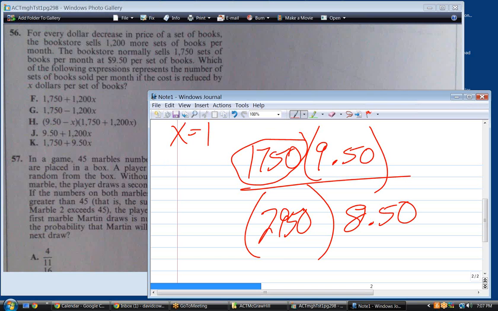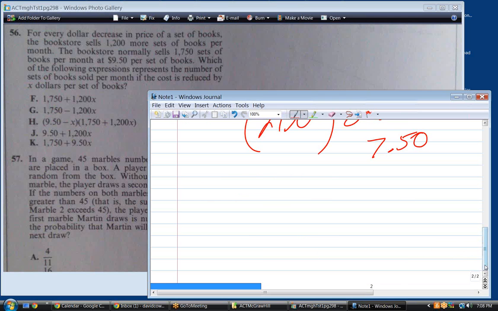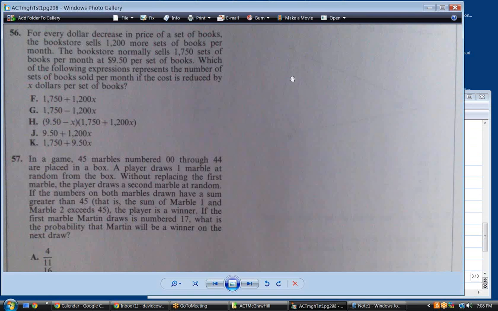And notice that if I make x 2, now the price drops to $7.50, which is $9.50 minus 2. And the number of sets that I sell is going to go up by 2,400. So equation H fits this model perfectly. But it's a little tricky to figure out. That's a difficult one, I think.